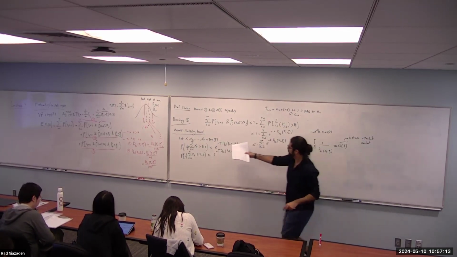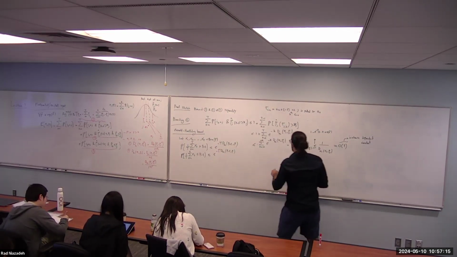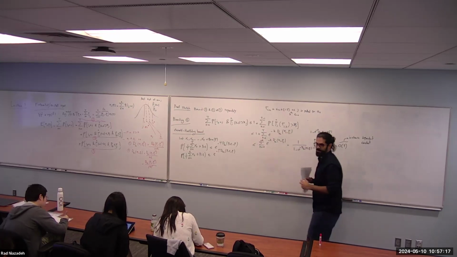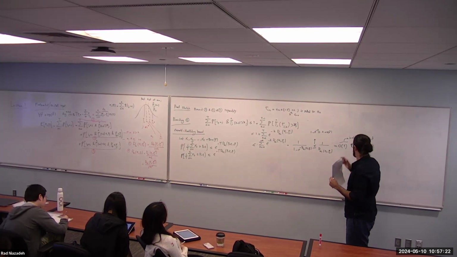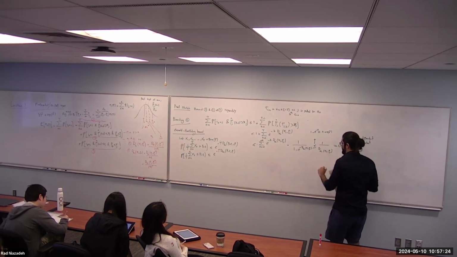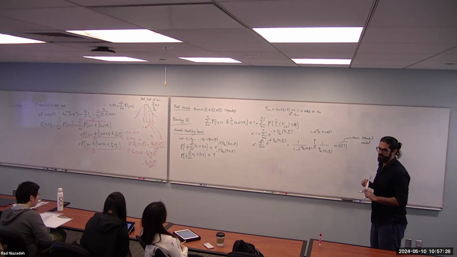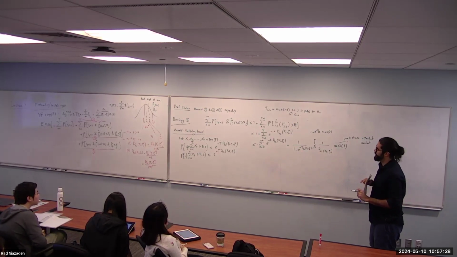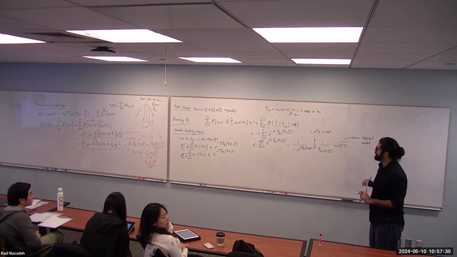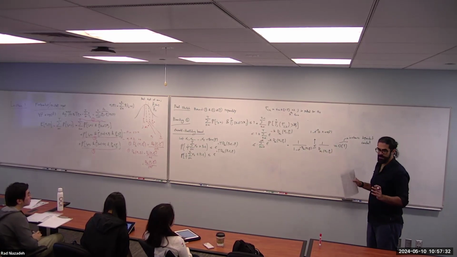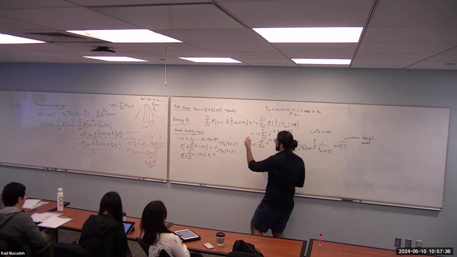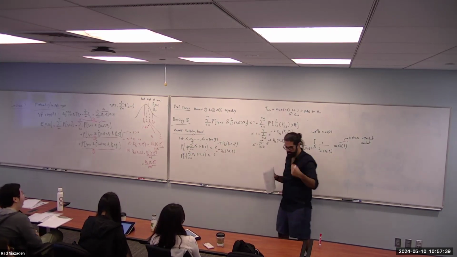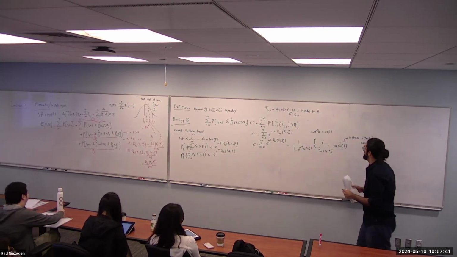This x is not that x. This is little x and capital X. Capital X is for the random variable, but this is just a deterministic function. It's simply the average, the empirical average. There are certain rounds in which you pull this arm, you get the rewards, and you take the average.